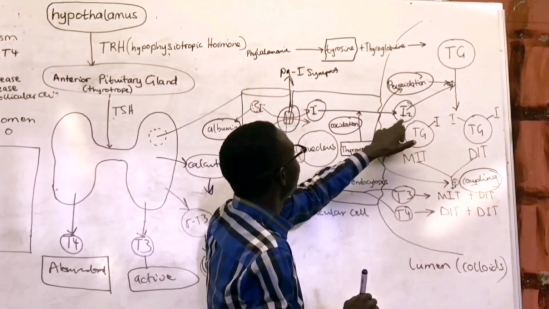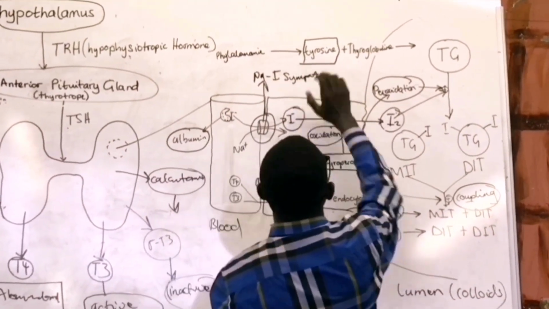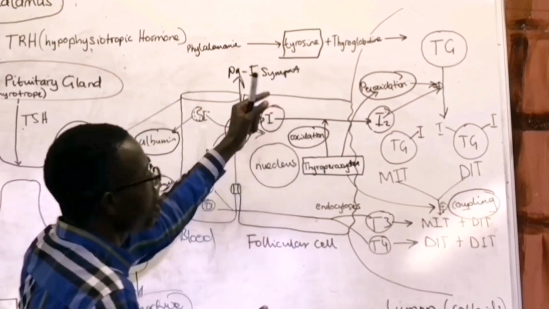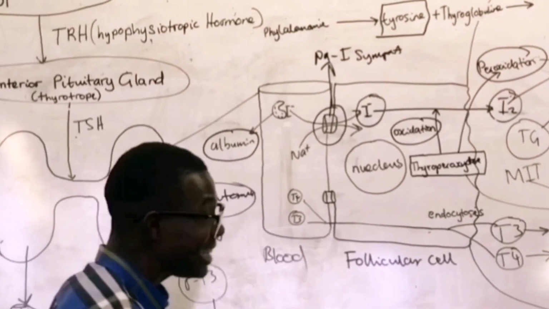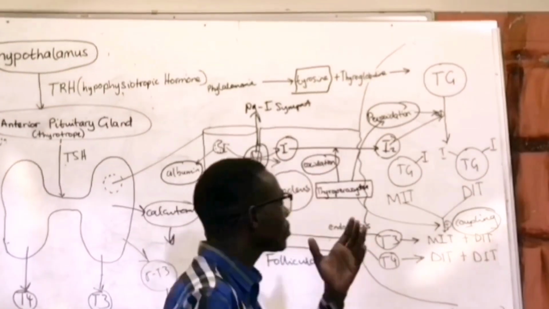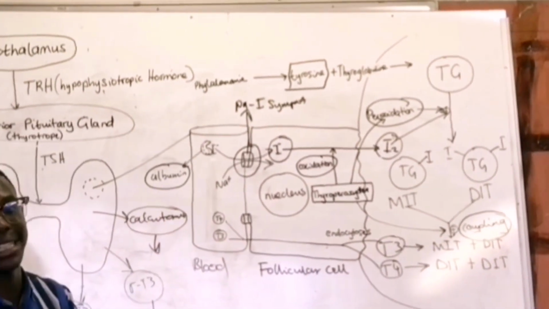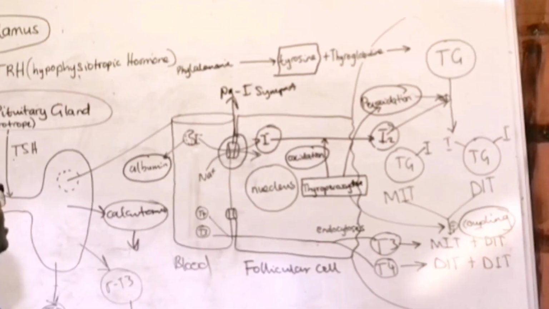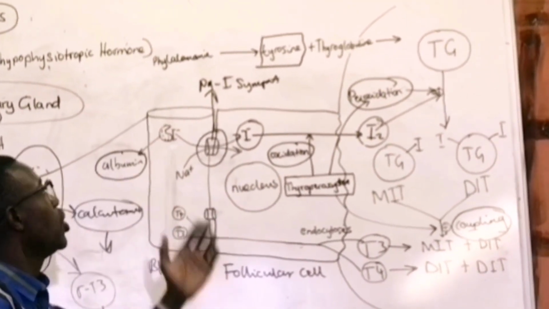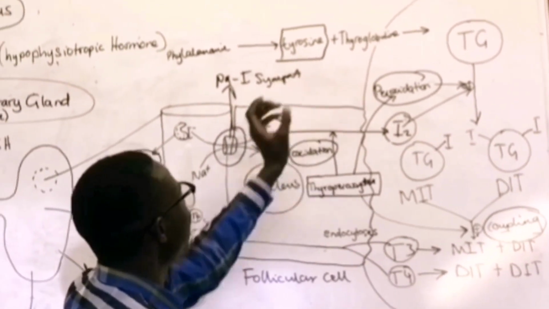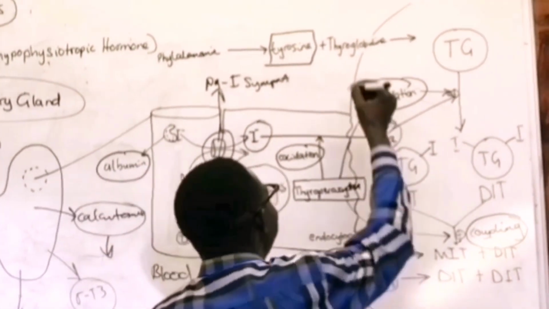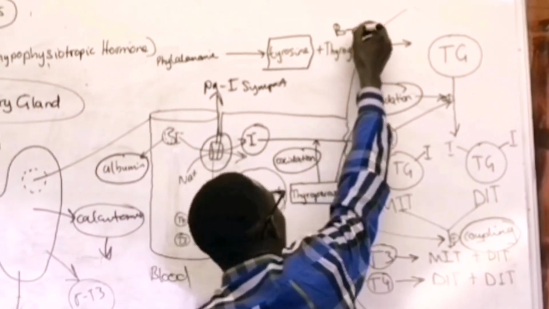So the iodine is going to combine with the tyrosine. Where does tyrosine come from? Tyrosine comes from an essential amino acid called phenylalanine. Phenylalanine is broken down to tyrosine, and then the tyrosine is bound by a beta globulin.